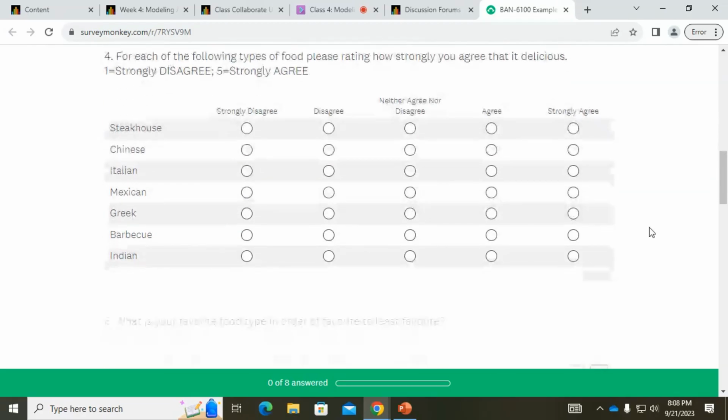Okay, next we have, for each of the following types of food, please rate how strongly you agree that it is delicious, where 1 is strongly disagree and 5 is strongly agree. Also quantitative, but now we're on a scale. Because we have this ordered scale, this is now ordinal categorical data.